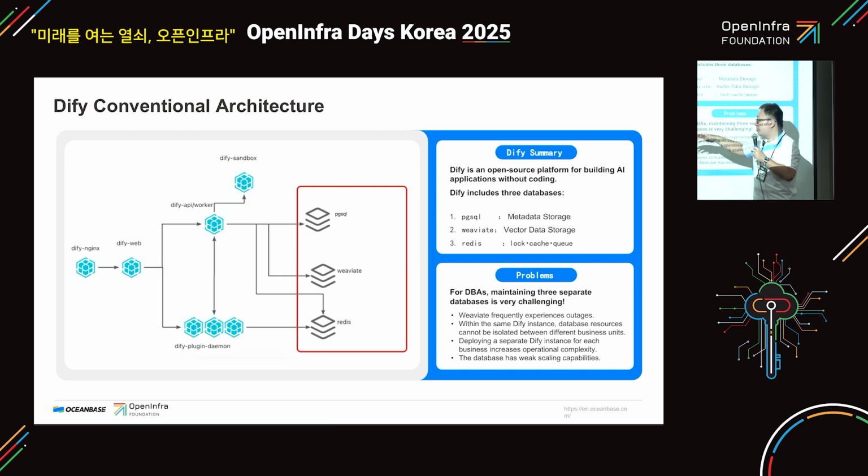But maintaining these three different databases is quite complex, from large scale to resource isolation. In short, Dify is powerful for AI workloads, but the database architecture is the bottleneck.